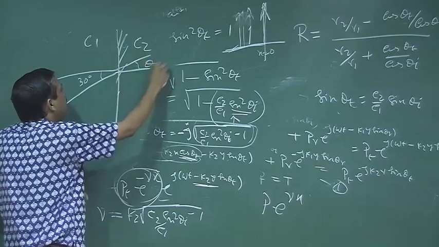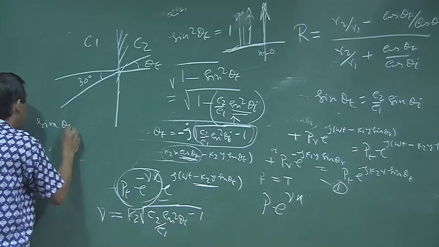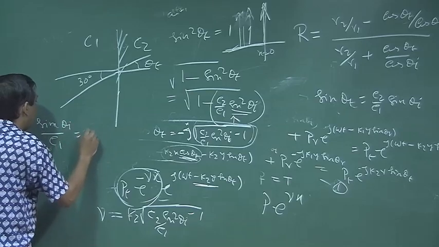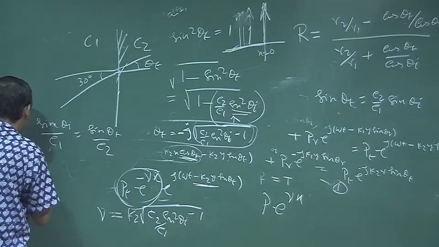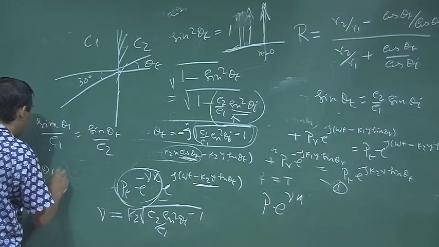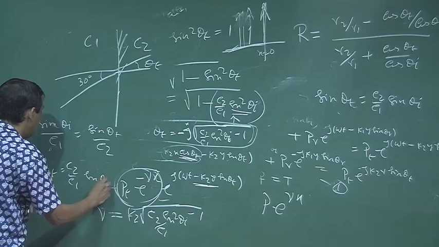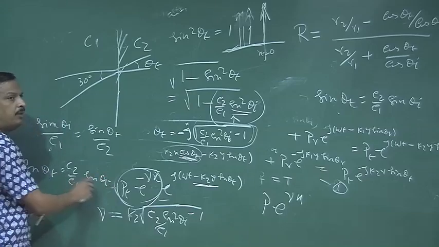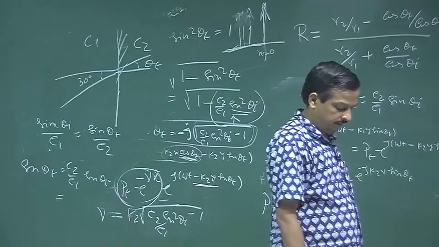I have to calculate theta t. So, sin theta i divided by C1 is equal to sin theta t divided by C2. So, sin theta t is nothing but C2 by C1 into sin theta i. C2 is given, C1 is given, theta i is given, so I can calculate theta t.